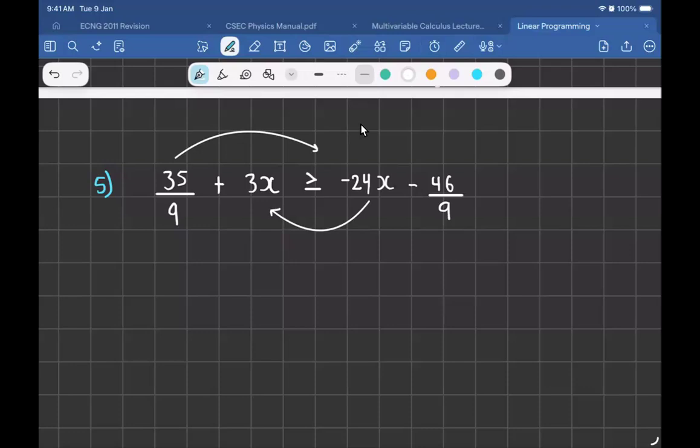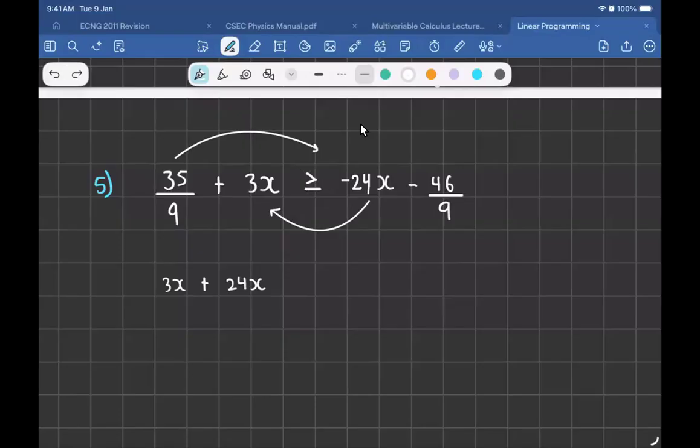Tell me what to write in the next line. 3x plus 24x, right? Plus 35/9. Wait, what's the symbol?